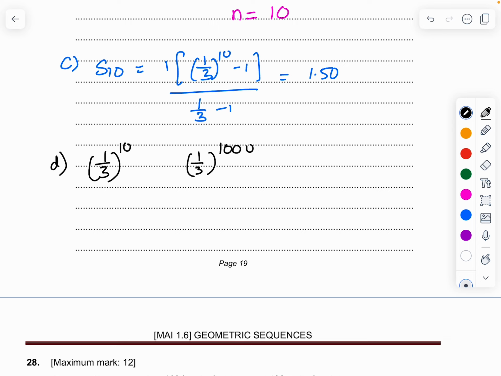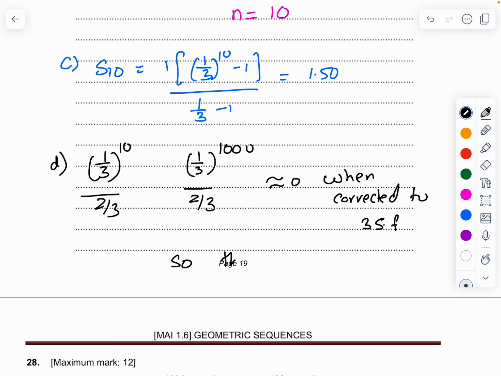And in either case, they are divided by 2 upon 3, and they will be approximately equal to 0 when corrected to 3 significant figures. So they make no difference, because the values will become zeros.